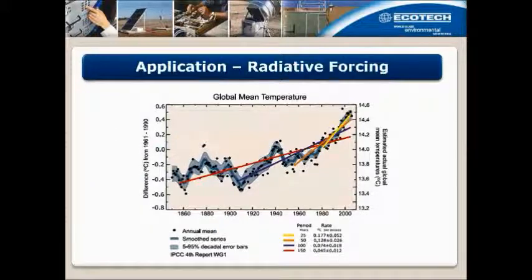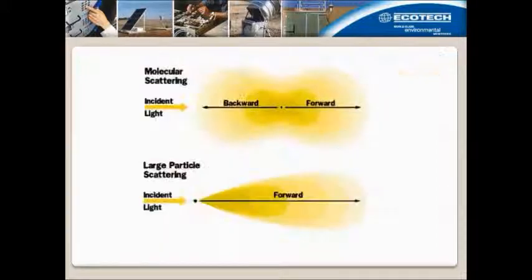When you want to answer questions about global warming, you want to know the contribution of particles to the global warming trend, and nephelometers will be used to help answer that kind of question.